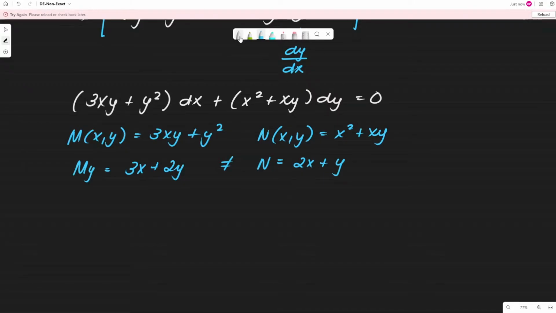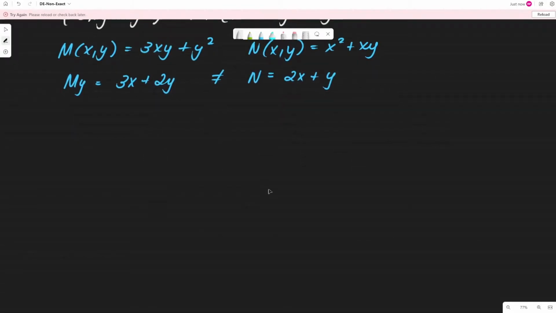So by the definition of non-exact differential equations, we need to multiply an integrating factor. Let's see if it will fall under mu of x.